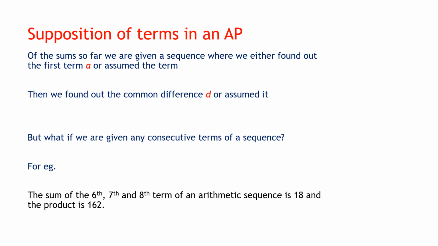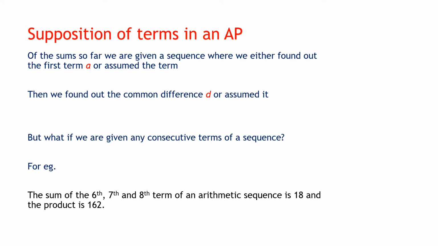And in this sum we are given any three consecutive terms of a sequence. They can be any three terms. So I have taken an example here. In this example, the sum of the 6th, 7th and 8th term of an arithmetic sequence is 18 and the product is 162.